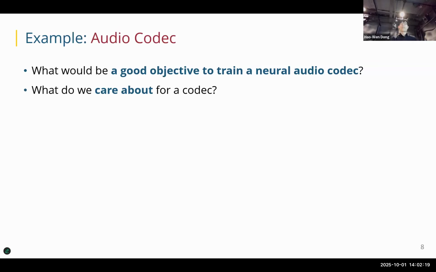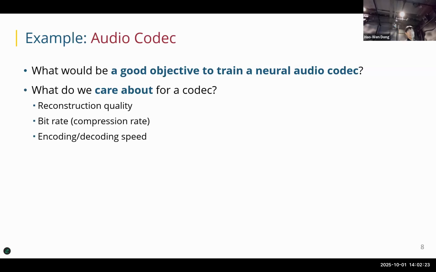So there are tons of things we care about for a codec, mostly reconstruction quality. At least the codec should compress your signal without a lot of distortion. At the same time, you want the bit rate, basically the compression rate, to be small. Otherwise, why use a codec and waste your time compressing and decompressing? Encoding and decoding speed also depends on the use case.